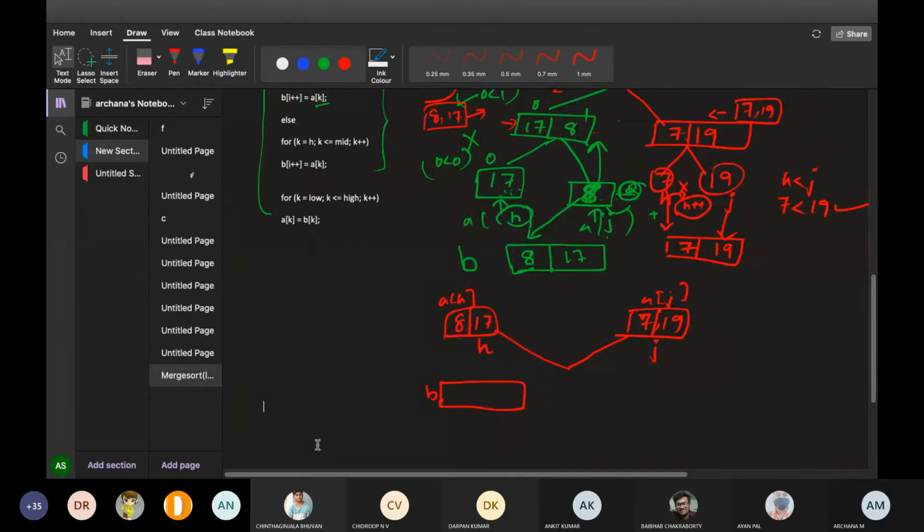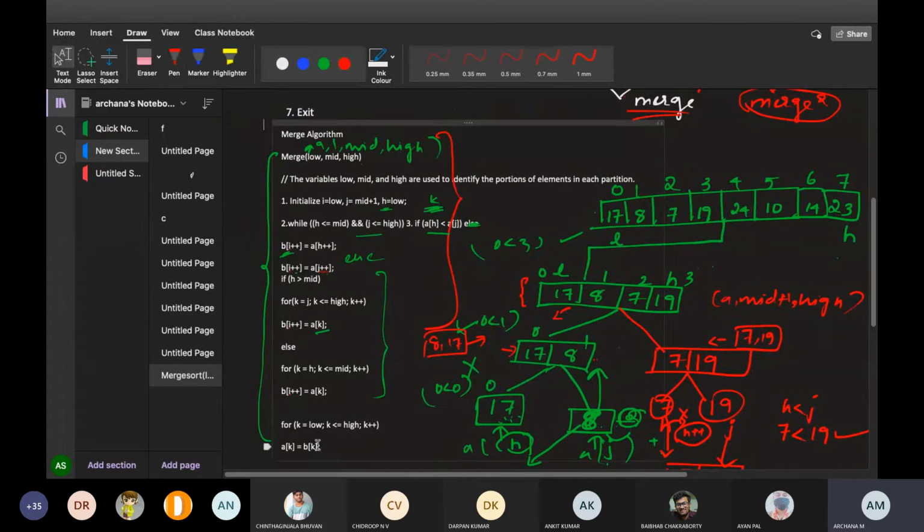Look here, this is what I am doing. Check the conditions. If H is less than or equal to mid and J is less than or equal to high, the condition is true. Come here, if A of H is less than A of J, then put that value into the new B array. After putting, check this condition. If it is false, directly put all the remaining elements into the array. That's all.